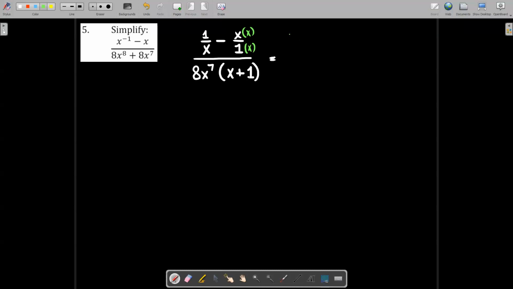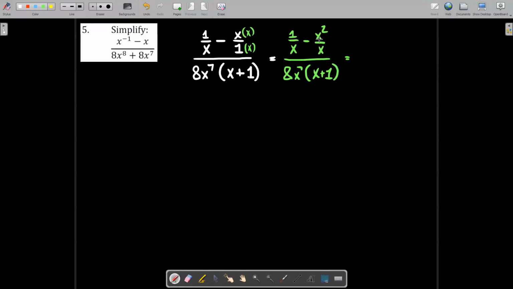So we're going to have 1 over x minus x squared over x, and then we're going to keep the bottom the same. 8x to the 7th times x plus 1. So now that we have the common denominator, we can combine the tops. 1 minus x squared, they are not like terms, so I can't simplify them up here, but I'm going to go ahead and write them together.